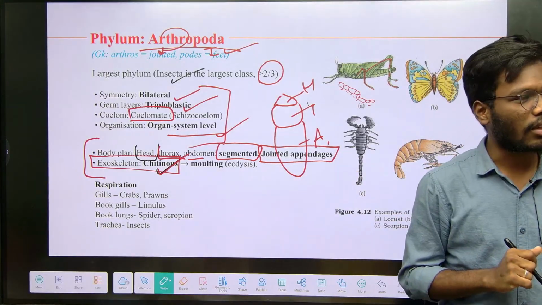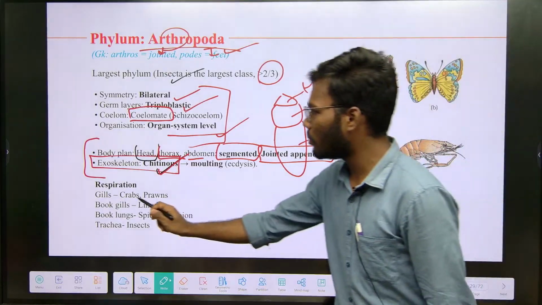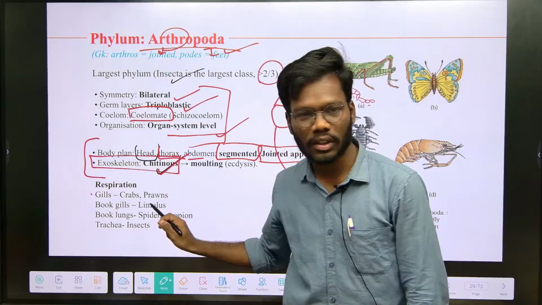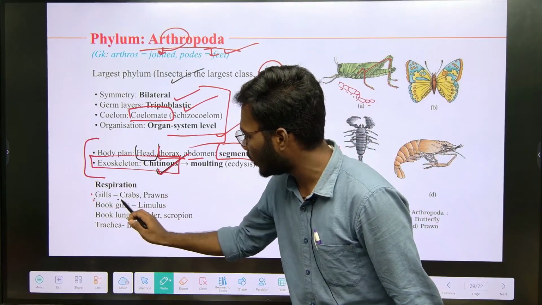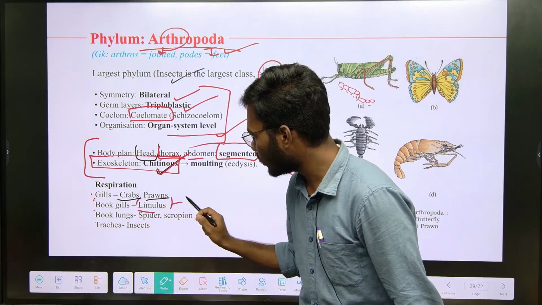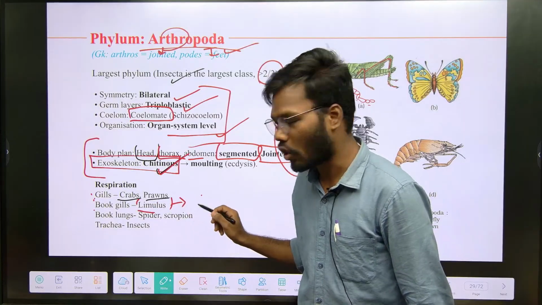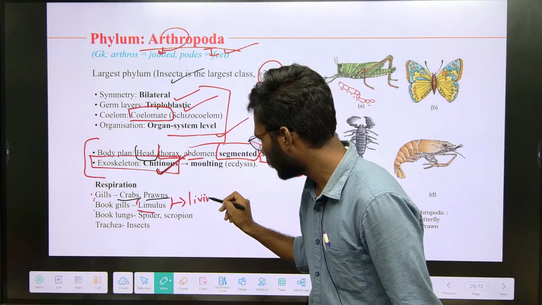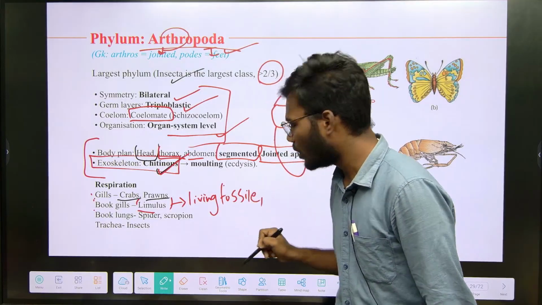Coming to respiration, there are a number of structures present in Arthropoda. You have to remember the structures and examples for them. The first structure is gills, present in crabs and prawns. Book gills in Limulus, which is also called a living fossil.